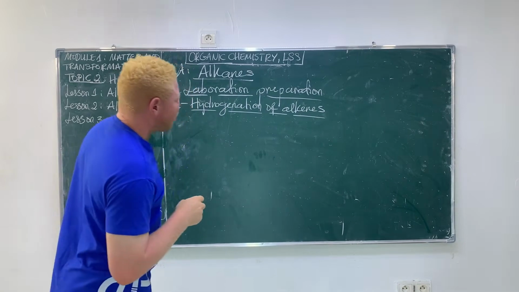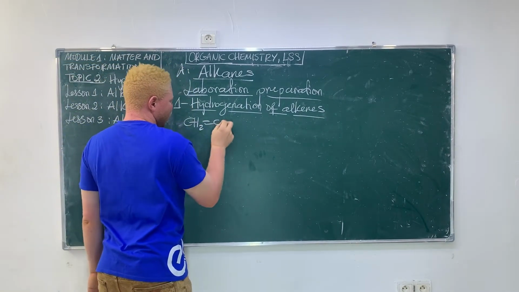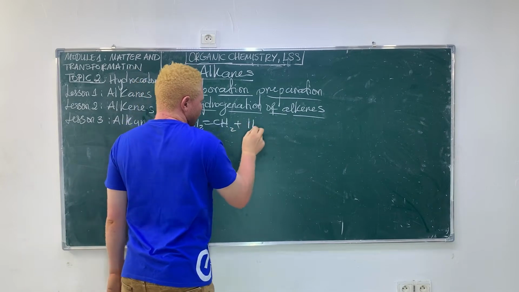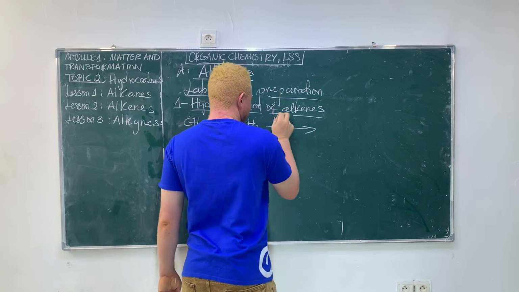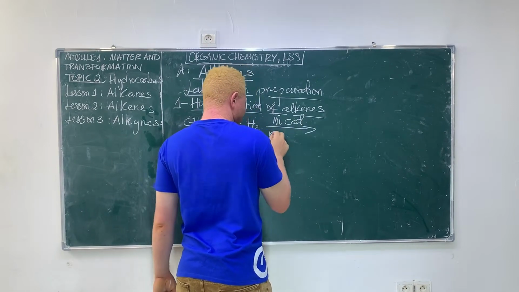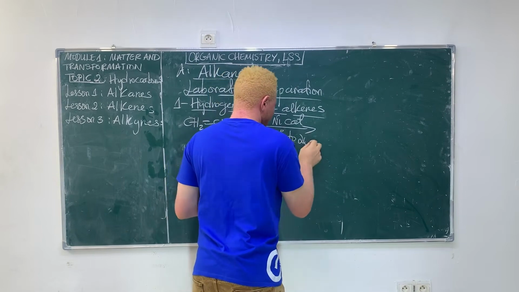See the way we can do the reaction. We can have an alkene, CH2 double bond CH2, plus H2, with a nickel catalyst at 150 degrees Celsius to 200 degrees Celsius.